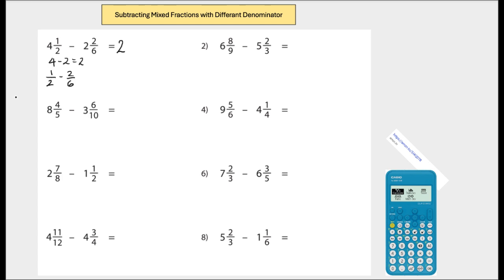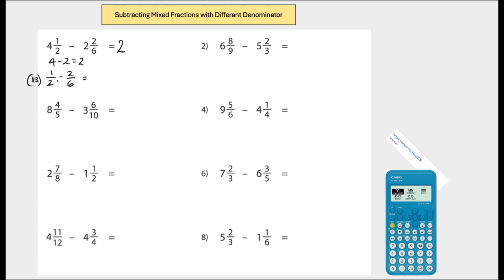If I times this by 3, I'm going to get my 6. But when you times it by 3, it's not just the bottom of the fraction you have to times, it's also the top. What you do to the bottom, you have to do to the top, which is your numerator.